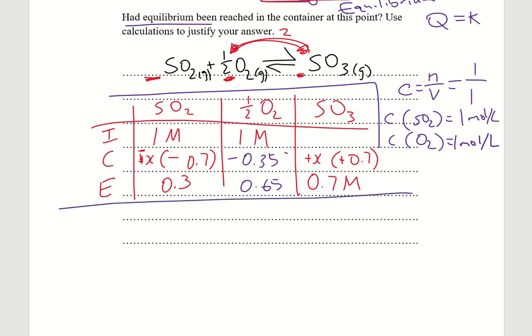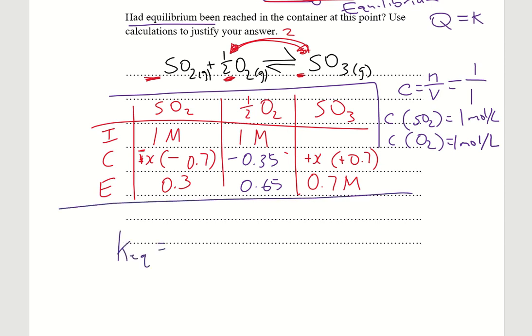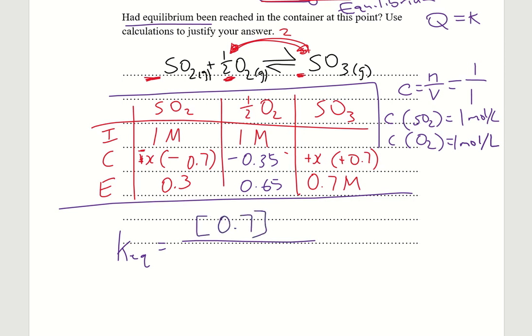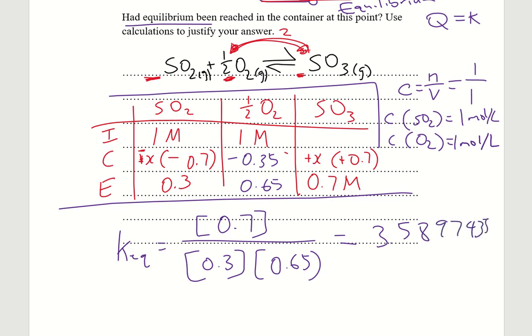Okay, all I need to do now is plug it into my equilibrium constant equation. So sulfur trioxide on top, and then the sulfur dioxide and oxygen at the bottom. And I get 3.59.